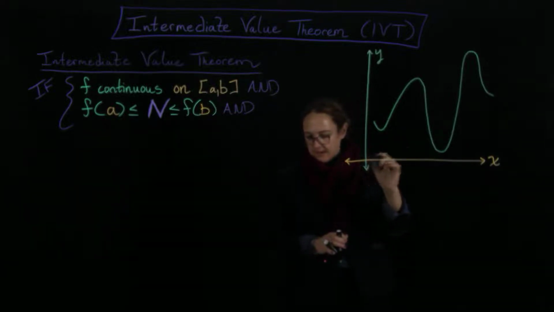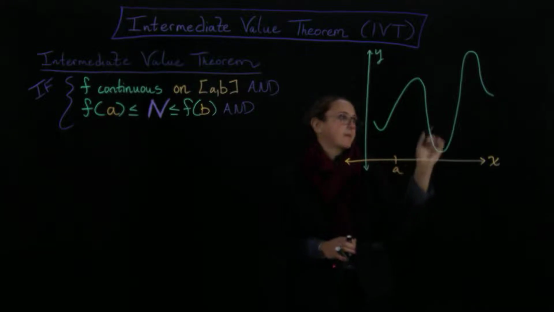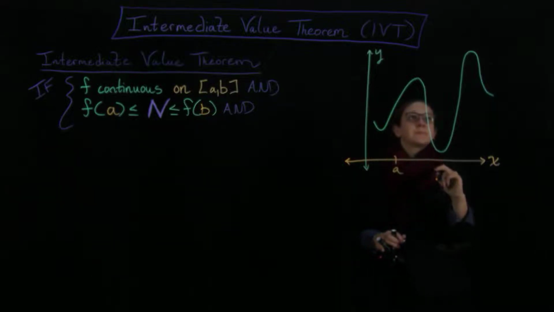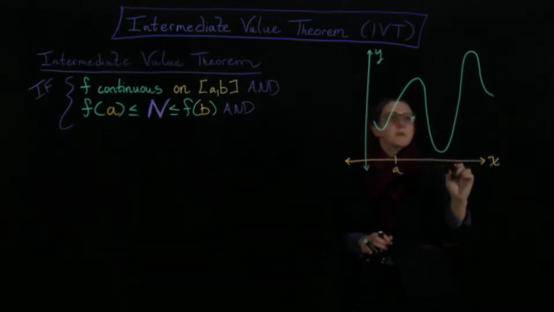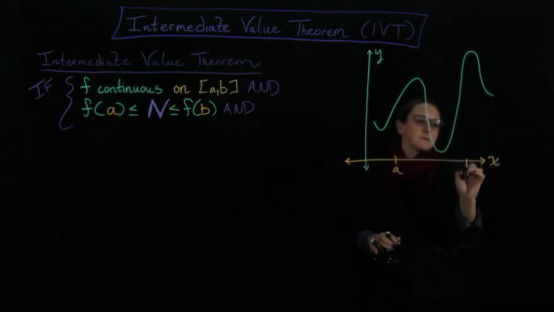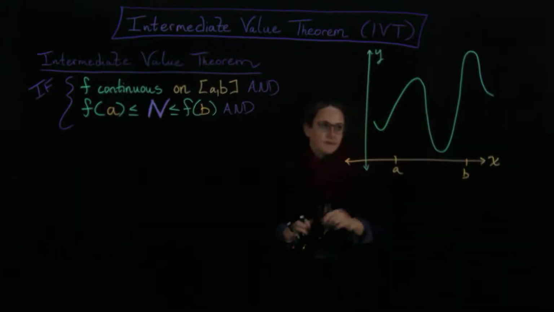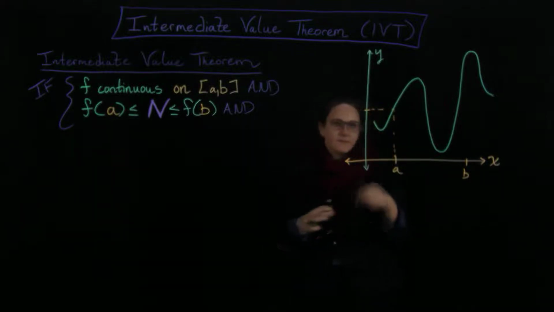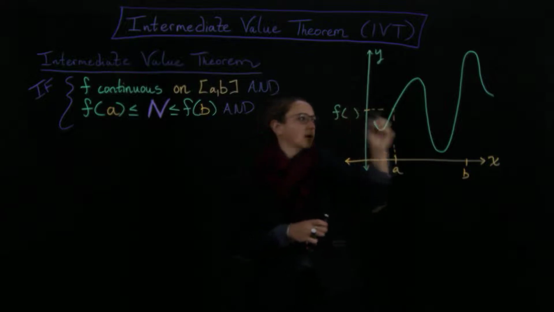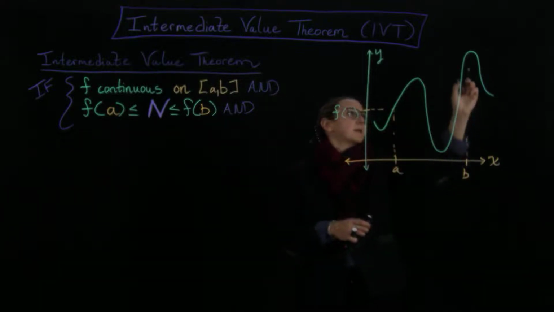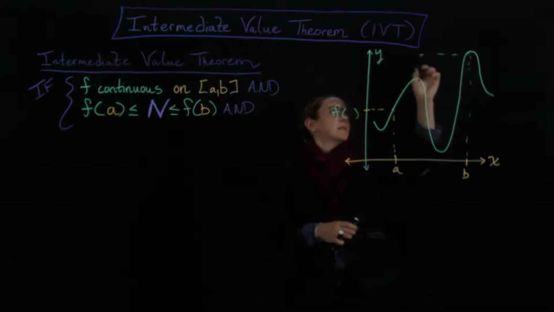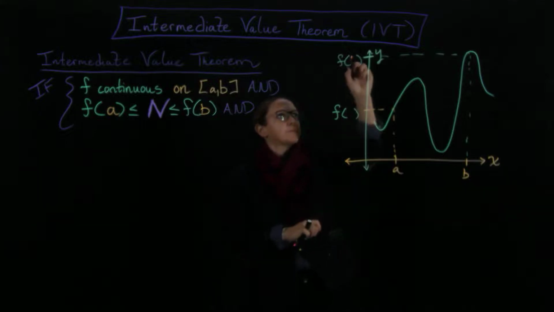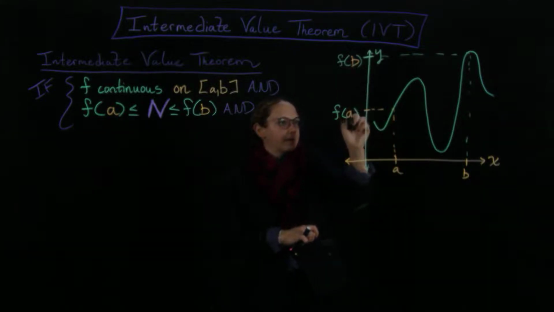So maybe a is here, and maybe b is here. Looking at that, right here I have my f of b, and this is my f of a.